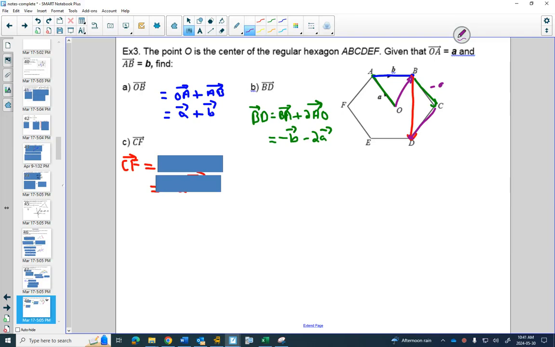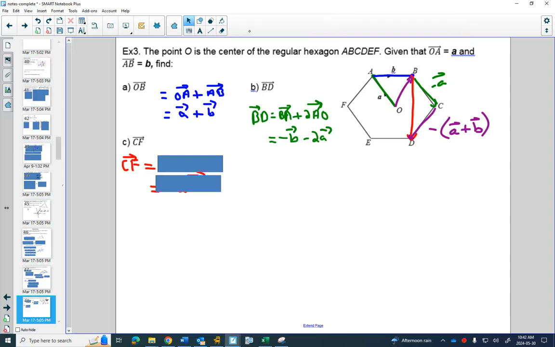So this one would be negative A, and this purple one would be negative B, which is negative bracket A plus B. And you put those together, you get negative 2A minus B as well.